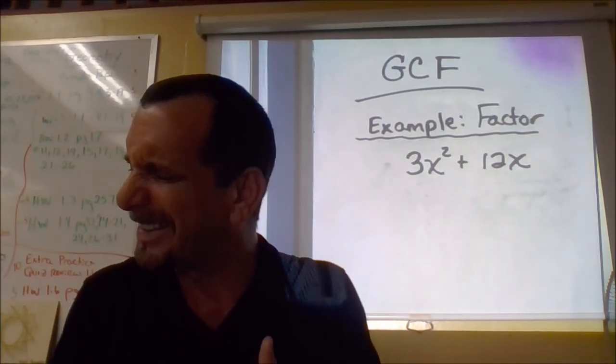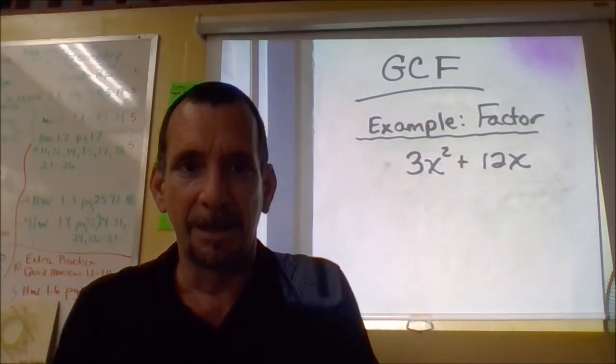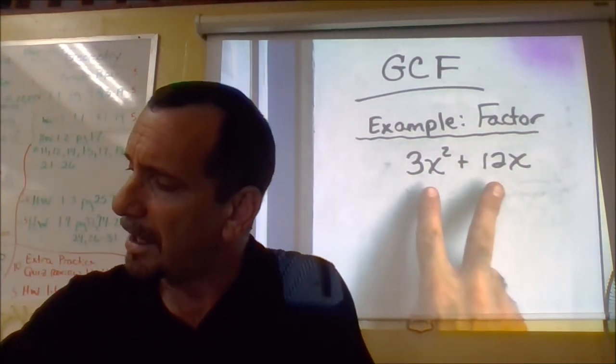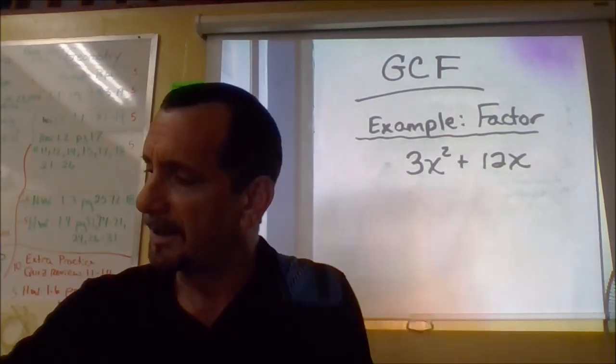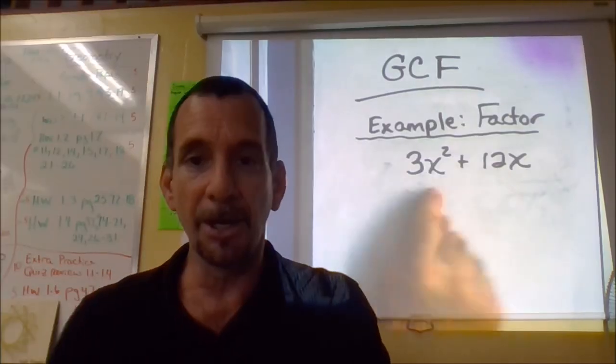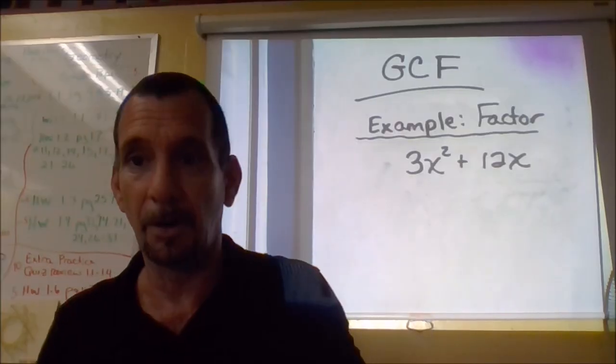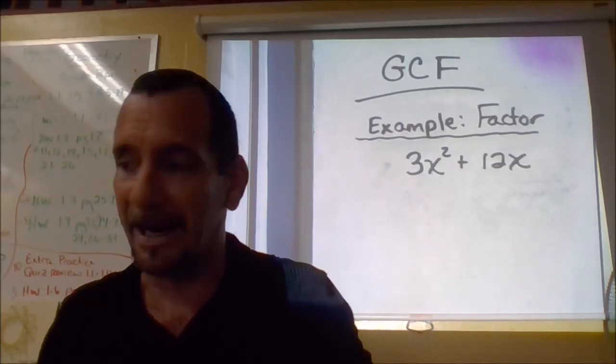So I like to say that we're going to pull out what is common in multiplication between these two terms. We're going to start with the number. What's the highest number that we can divide into those two numbers evenly? Or what are the highest factors of those?